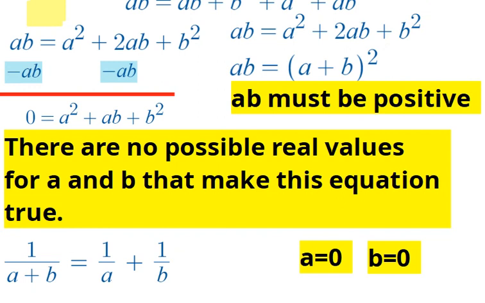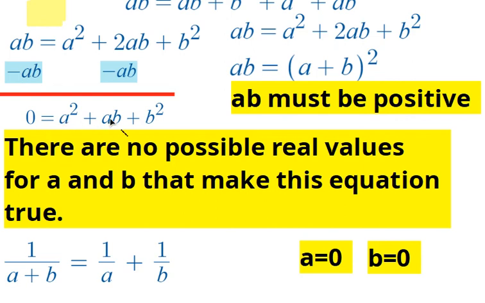So, one last detail to note is what if A or B were zero? Because that's worked for us before, right? Well, in this case, it can't happen because we go back to the original equation, 1 over A, 1 over B, both tell us that we cannot divide by 0.